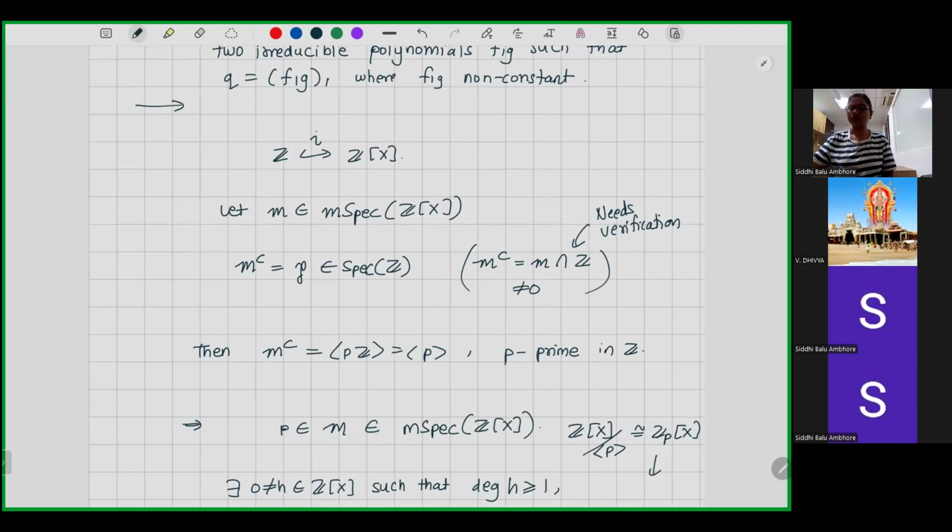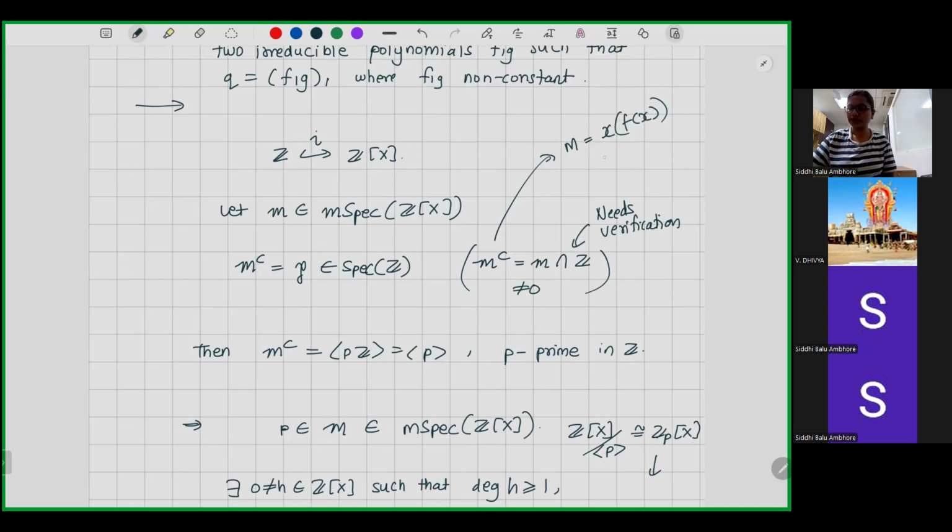Then this M will have elements of this form, x into some fx, because when I substitute 0 in x, I'm always getting 0.